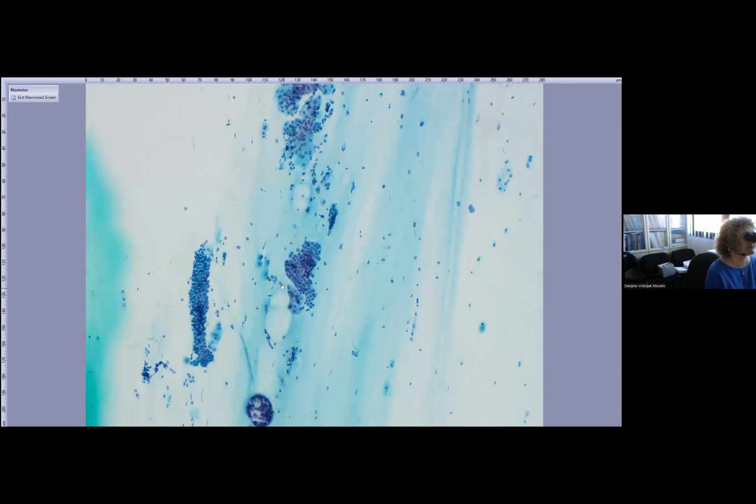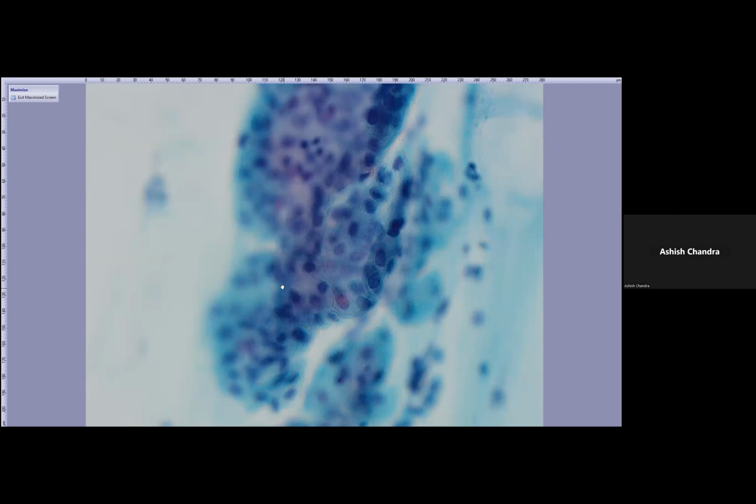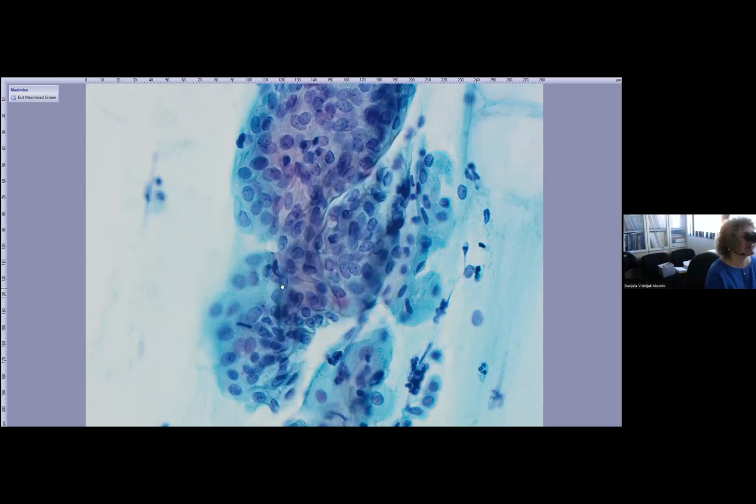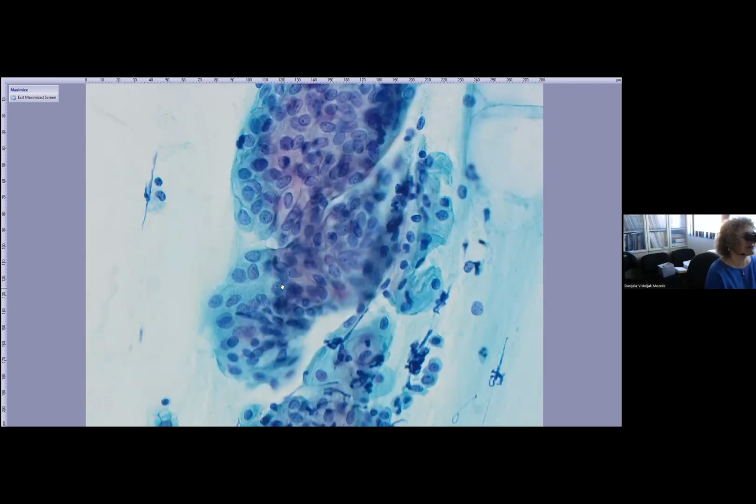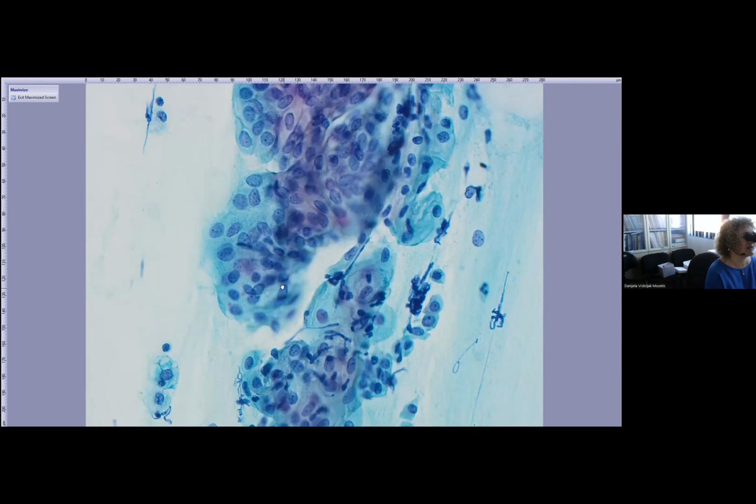So this is conventional pap smear. Maybe you forgot about conventional, how it looks like. Well, a good quality conventional is as good as a liquid base. So, yes, the morphology is so beautiful here. Yeah, this is atrophic squamous epithelium.